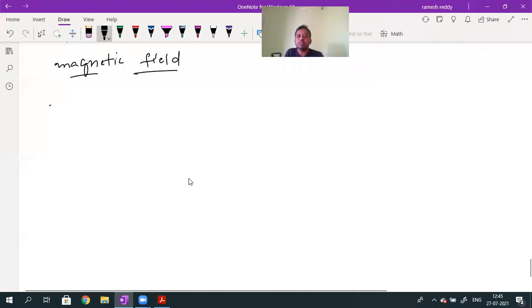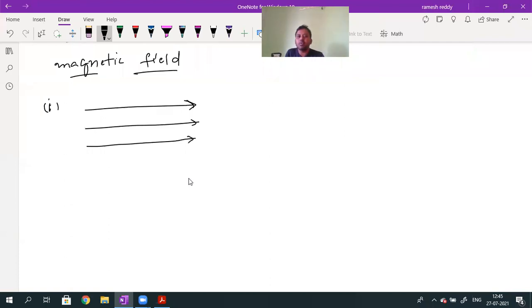First, I will consider the external magnetic field to be uniform. How can we represent a uniform magnetic field? If the field lines are straight and parallel, that indicates the magnetic field is uniform. Let me call it the external uniform magnetic field of induction B bar.